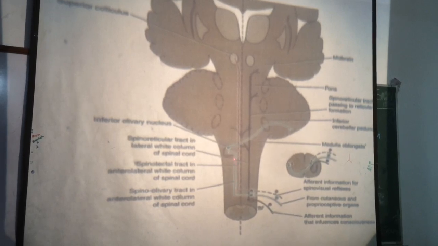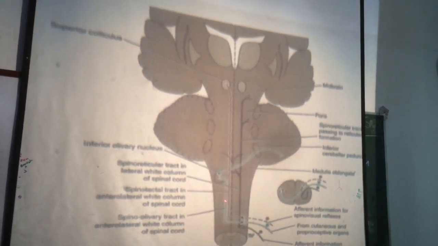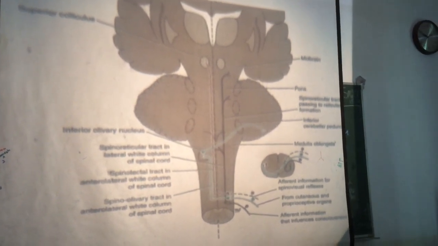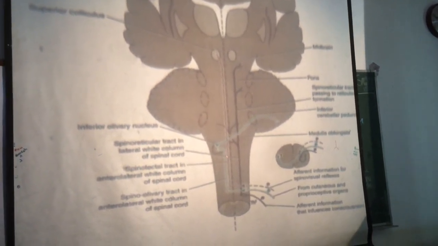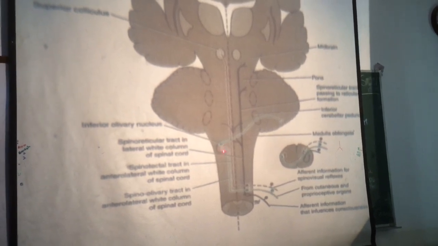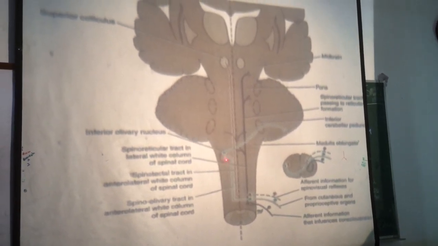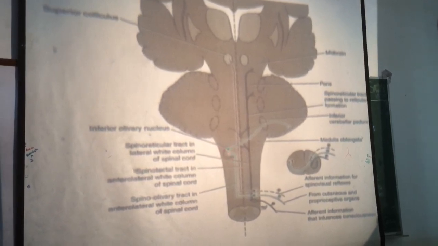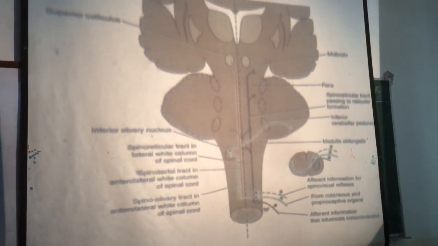The tract ascends to enter the medulla oblongata. In the medulla oblongata, the tract fibers synapse in the inferior olivary nucleus.